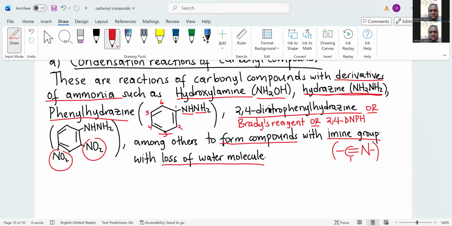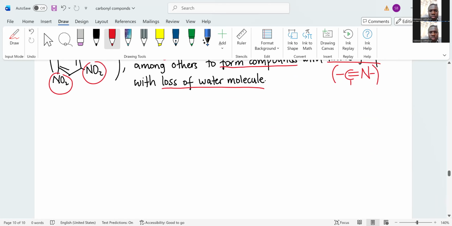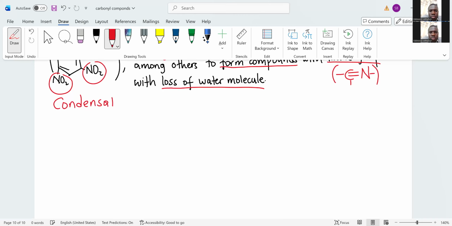Before I take my examples, there is something important to note. Condensation reactions can occur at room temperature.